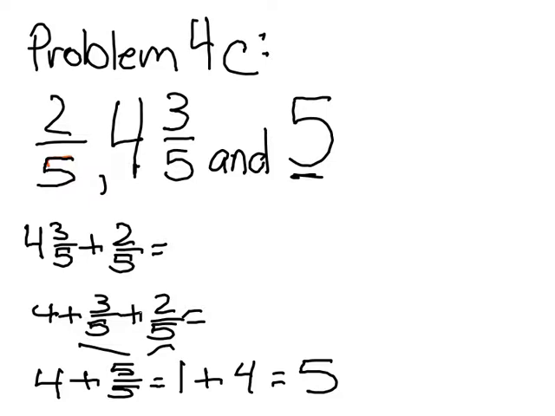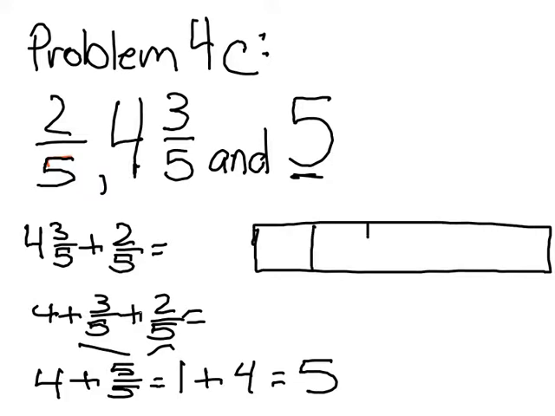So we know that that's one relationship. And we can show the relationship in subtraction if I draw out my 5 here. 1, 2, 3, 4, and 5. Now I want to divide one of these into fifths, because I'm going to subtract 2/5. So I'll write out the problem: 5 minus 2/5 equals.